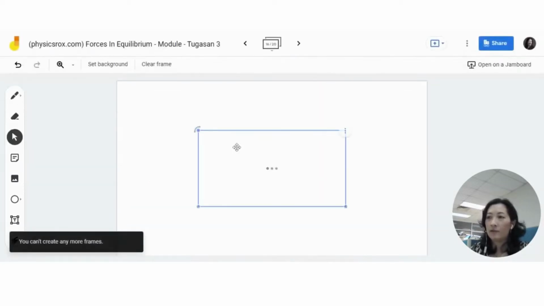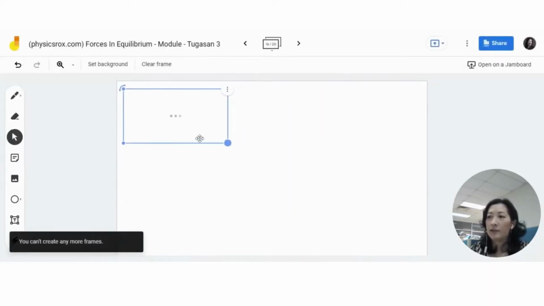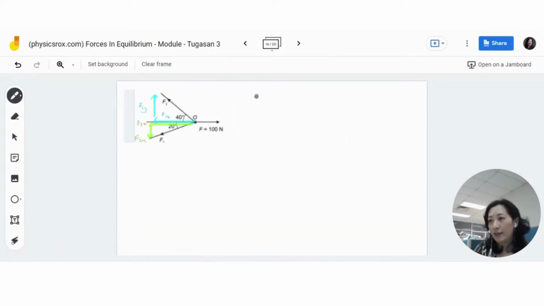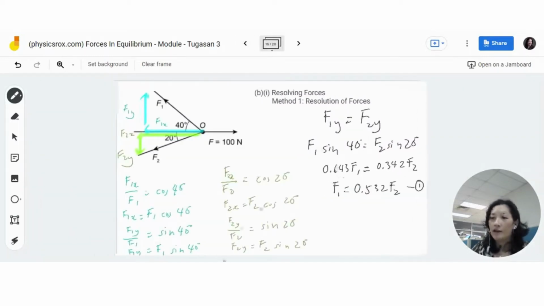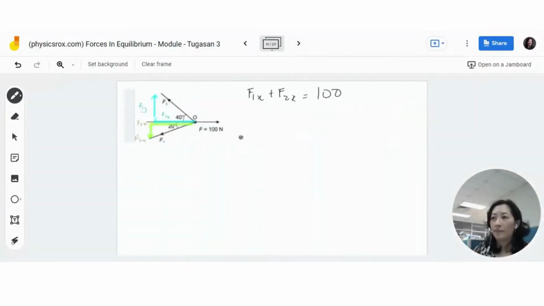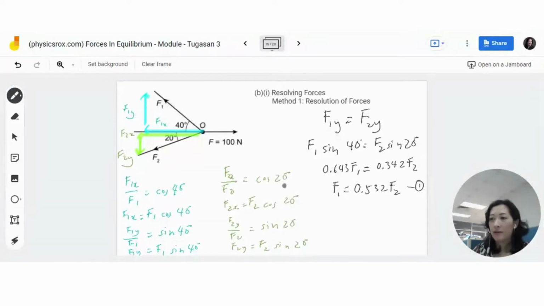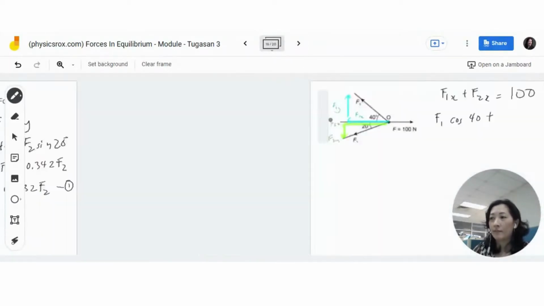Here, a bit smaller so there's more space to write. So we can see that F1x plus F2x equals 100. Now F1x is F1 cos 40, and F2x is F2 cos 20.